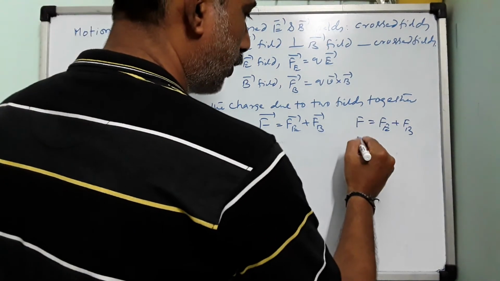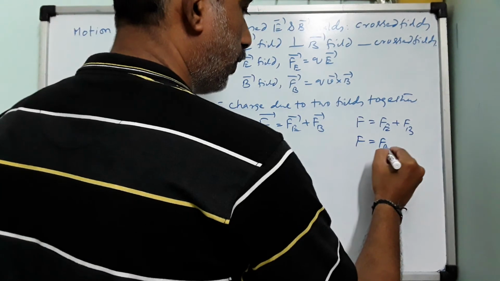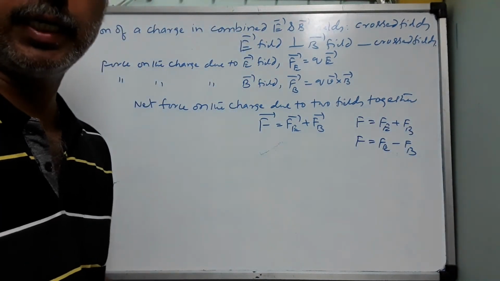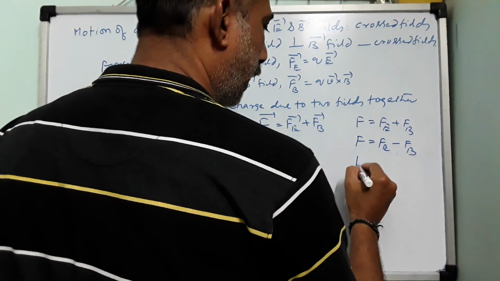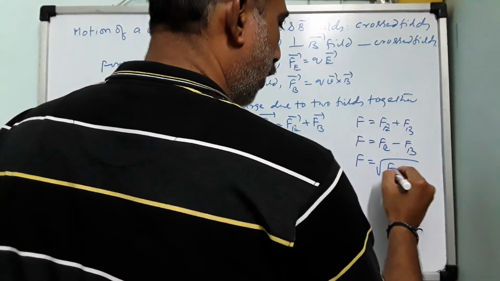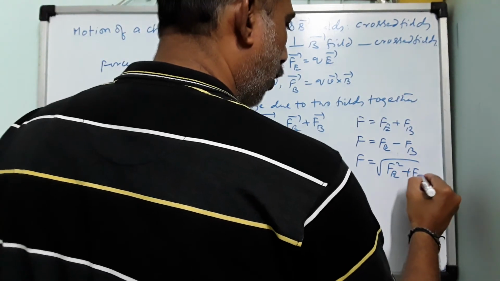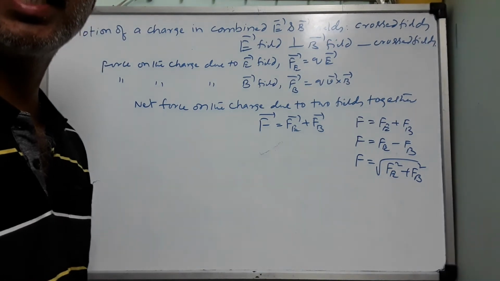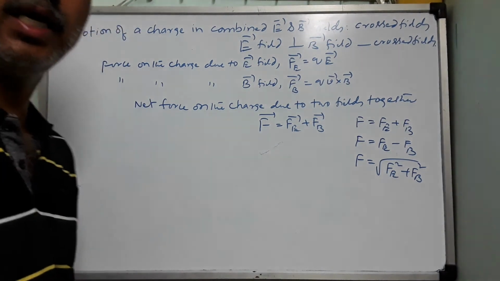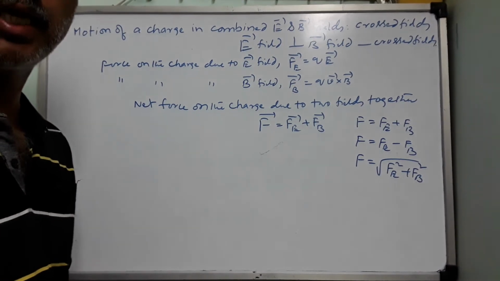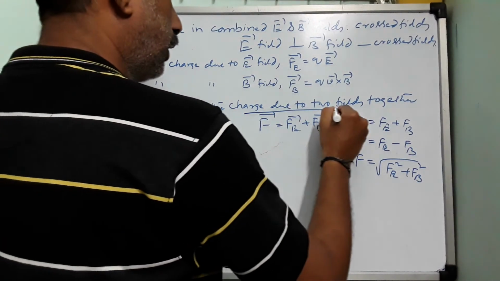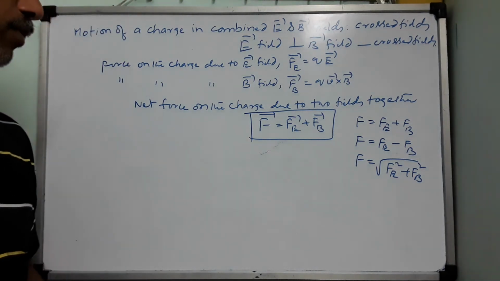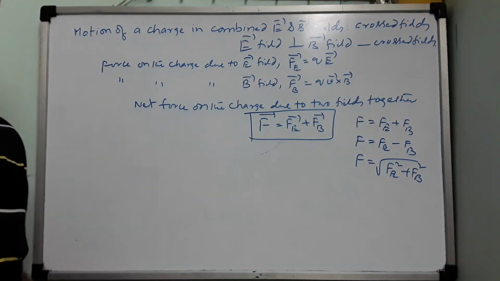I can write it in the scalar form Fe minus Fb only when I know that these two forces are acting in the opposite direction. I can write the scalar form as Fe square plus Fb square only when I know these two forces are acting simultaneously on the charge at right angles. But without knowing any angle at which the forces are acting on the charged particle, I can very safely write, and every time, this equation: F vector equals electric force vector plus magnetic force vector.